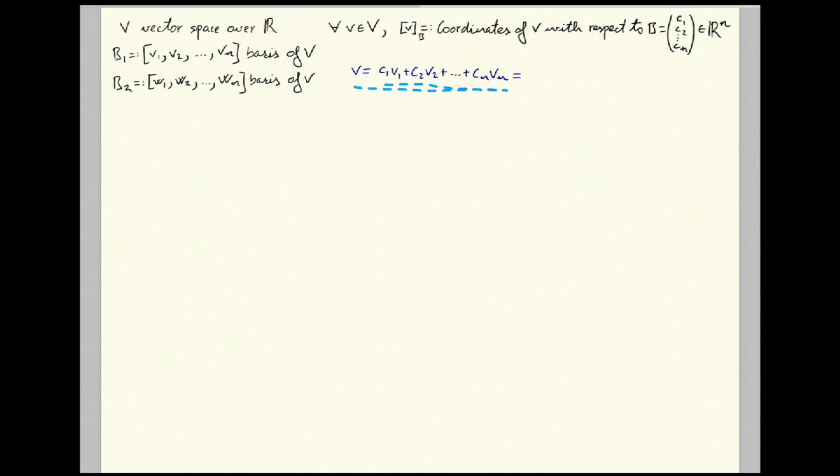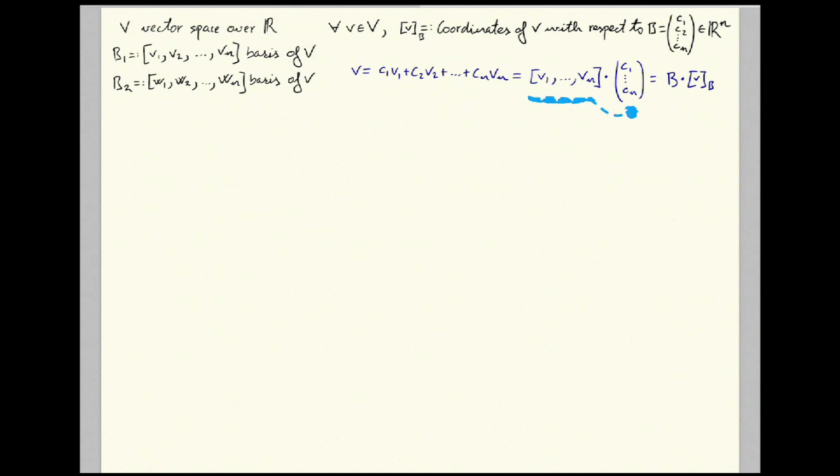linear combination of the elements in, for example, base 1. And I want you to understand, think of it carefully, that this linear combination can be expressed in this way. So the base, that is a horizontal vector, a vector of vectors, but certainly a horizontal vector, times the coordinates, which is a vertical vector of scalars.